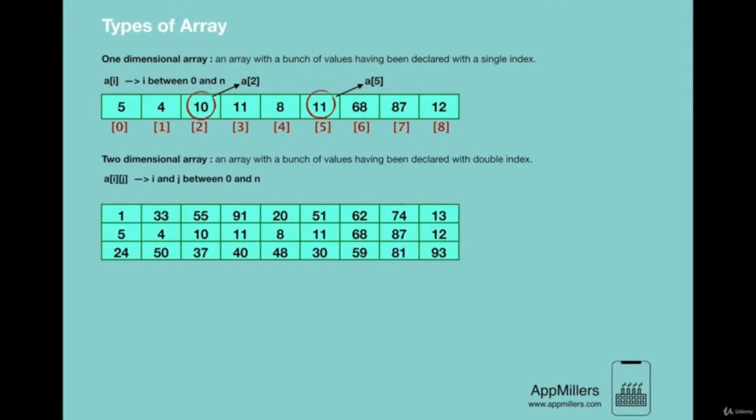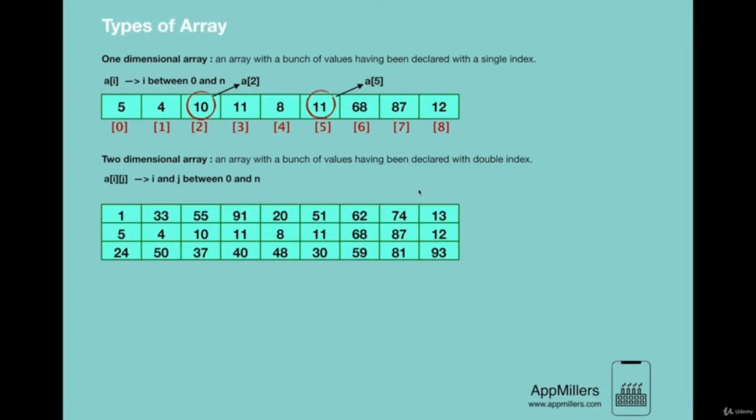Now in a 1-dimensional array, we saw that it consists of one row and multiple columns. But in a 2-dimensional array, the number of rows is more than 1, which is represented as a typical matrix. This is an array with a bunch of values declared with a double index. If you look at this picture, we can easily see that we have multiple columns and multiple rows here.